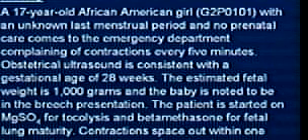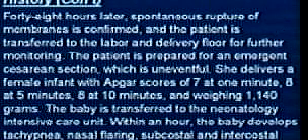The obstetrical ultrasound is consistent with gestational age of 28 weeks. The estimated fetal weight is 1,000 grams, and the baby is noted to be in the breech presentation. The patient is immediately started on mag sulfate for tocolysis and betamethasone for fetal lung maturity. The contractions start to space out within an hour, and the patient is transferred to the antepartum service.